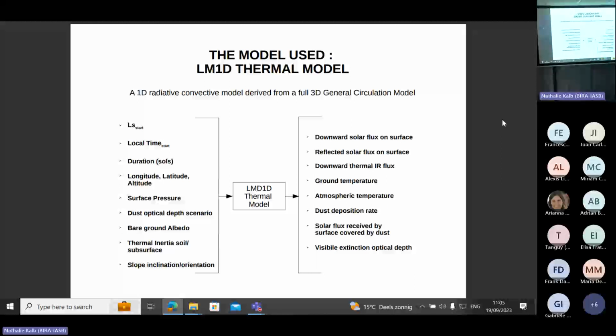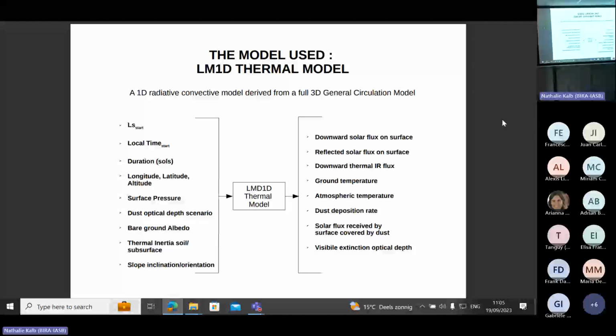It's a one-dimension radiative convective model, but it's derived from a full 3D general circulation model, now called the Planetary Climate Model at our laboratory. This model has the advantage of working really fast.